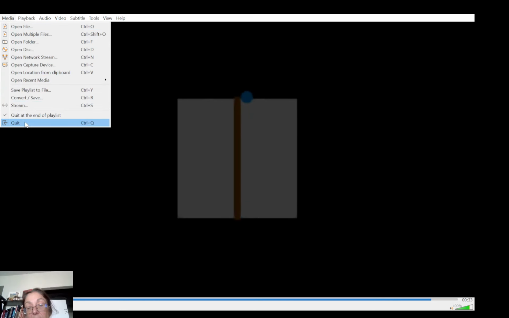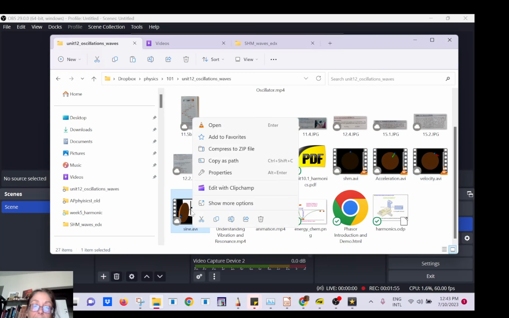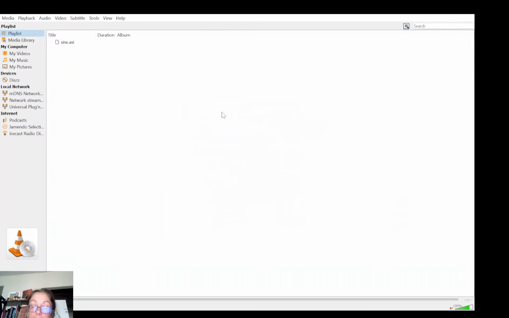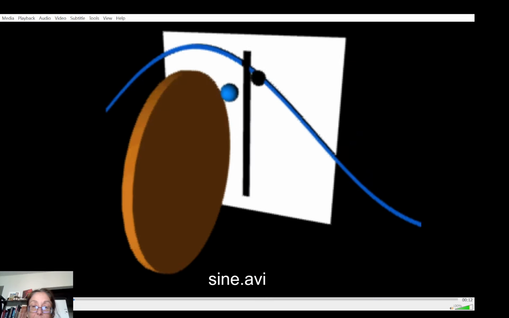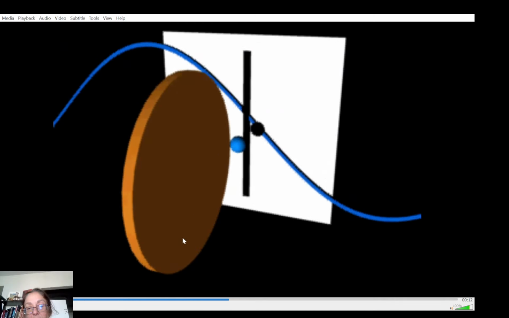So that will be the sine function. So that's one way to visualize the motion of an oscillator. And here, you can look at that. That's a great simulation as well.